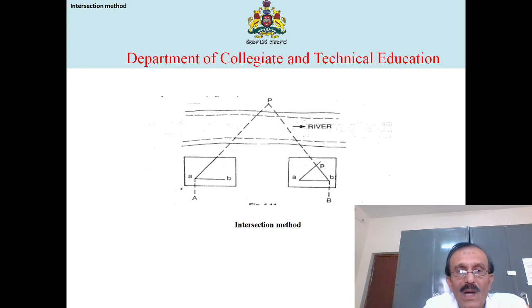The two rays drawn from the two different stations will intersect and establish the other field details. So another remote station P can be established by taking intersections from two different stations on the nearer side.